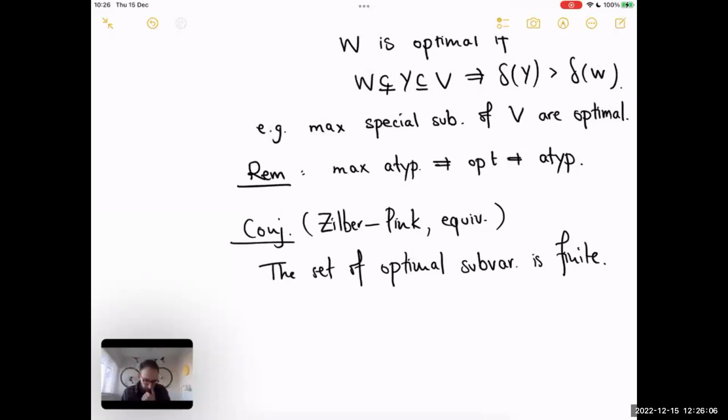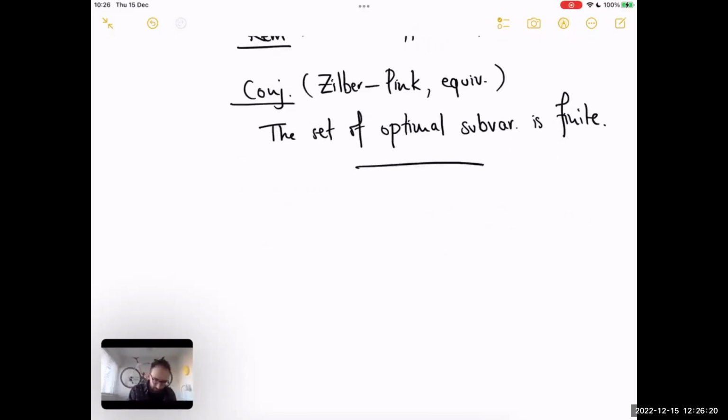But what you can study is a related notion, namely that of weakly optimal subvarieties, which somehow is a way of throwing away the arithmetic and just studying the geometric problem. So let me try to explain this briefly. To do so, we need to introduce the notion of weakly special subvarieties. So again, let me take a Shimura subdatum.